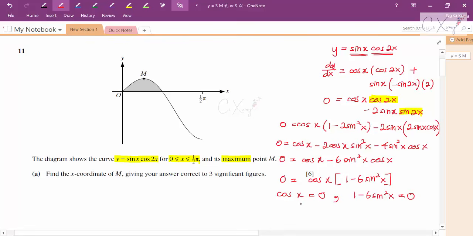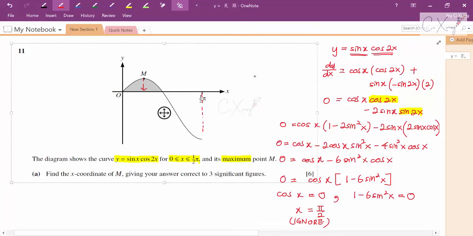Okay, so I will try to solve for the value of x. When I solve for x here, it will be pi over 2. From the diagram, it is very obvious that pi over 2 will not be the answer for the point M. Pi over 2 will be maybe the minimum point. Therefore, pi over 2 is not the correct answer.